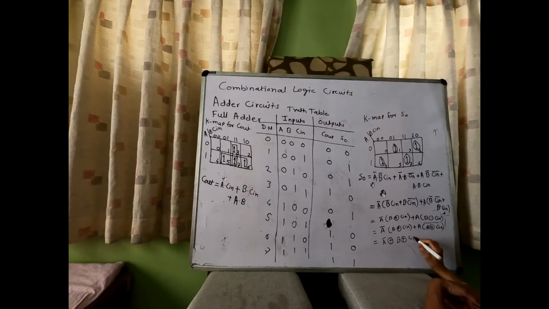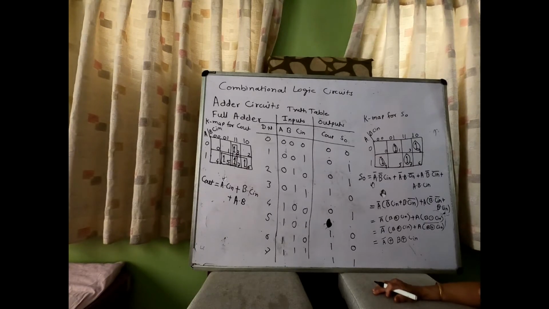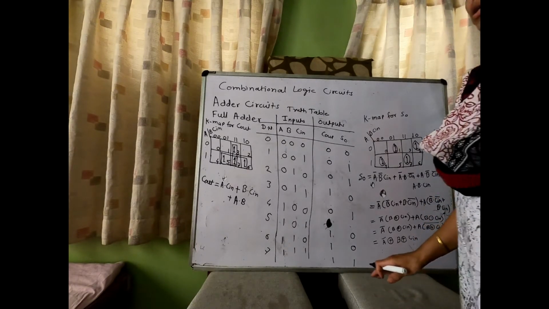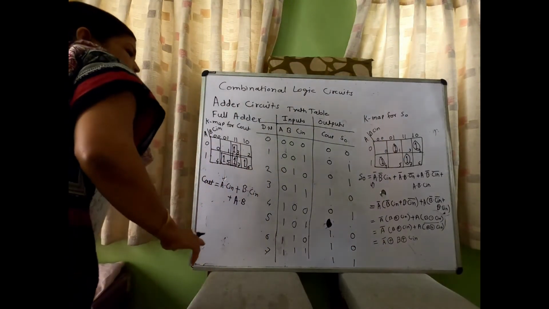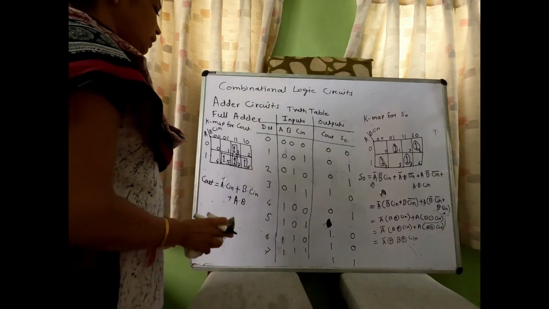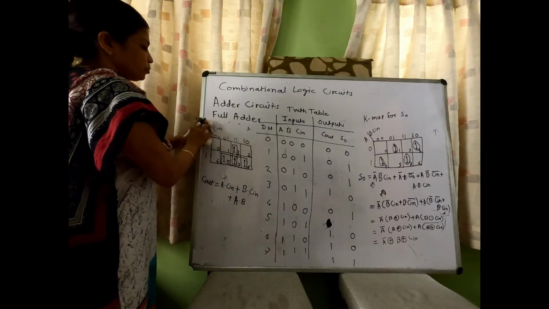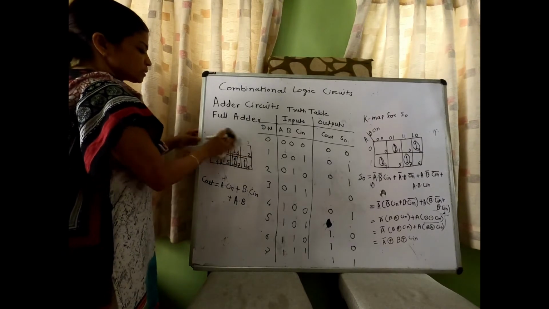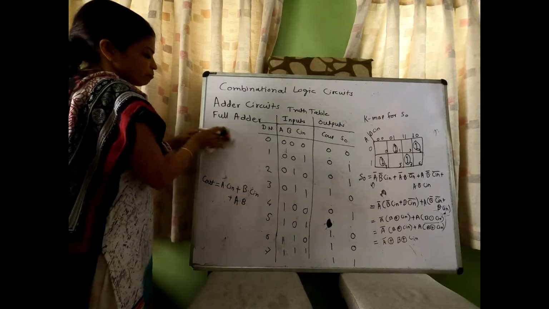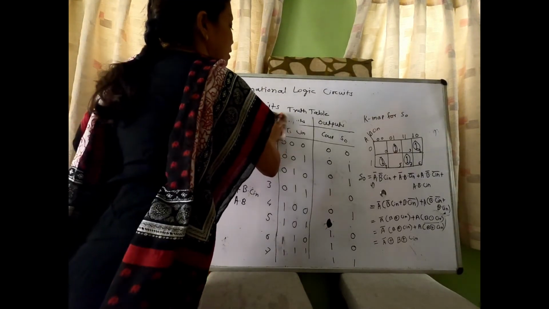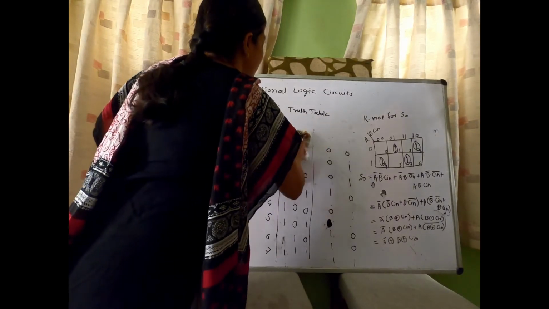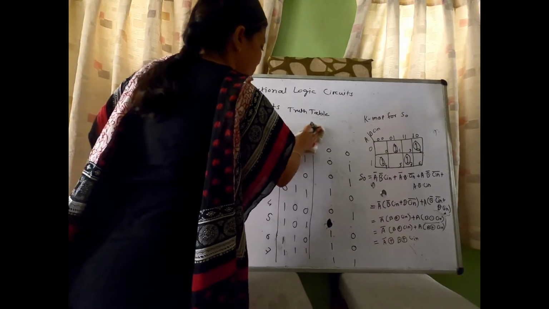So here we have found the Boolean expressions for the C out as well as for the S0, that is the sum output. Now using these equations we will draw the logic diagram for the full adder.